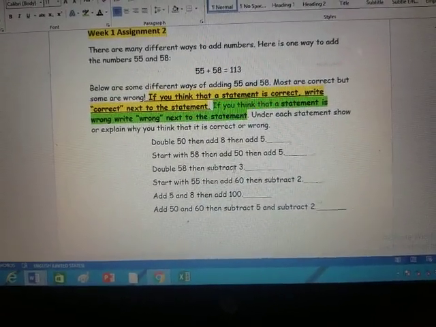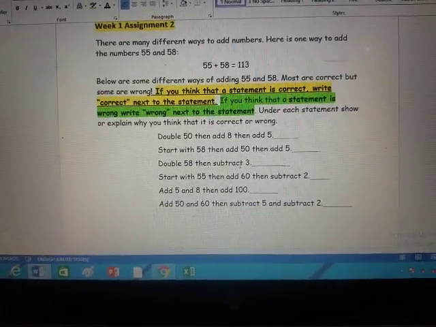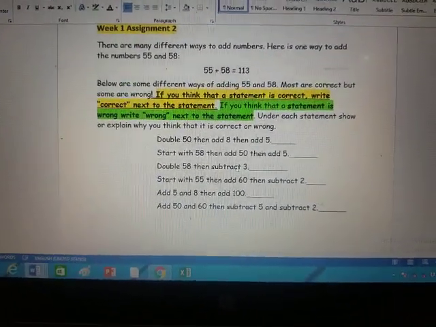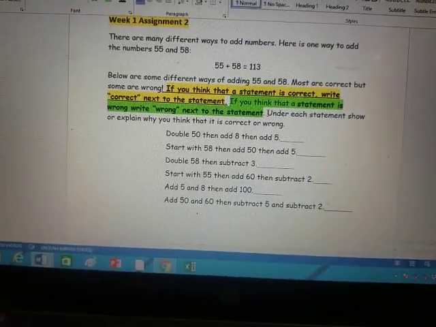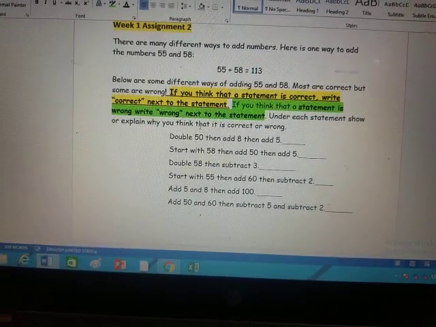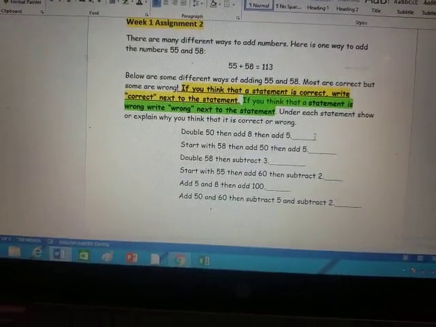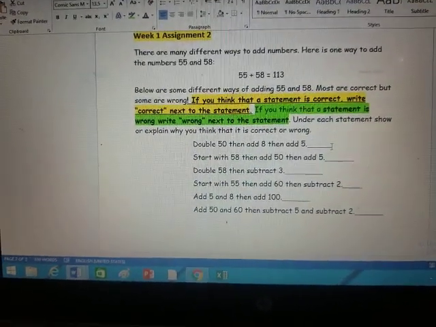If you think the statement is wrong, you would write wrong next to the statement. But then it tells you right here, underline each statement. Show or explain why you think it's correct or wrong. So you're not just writing wrong or correct. You need to also tell me why it's wrong and correct.